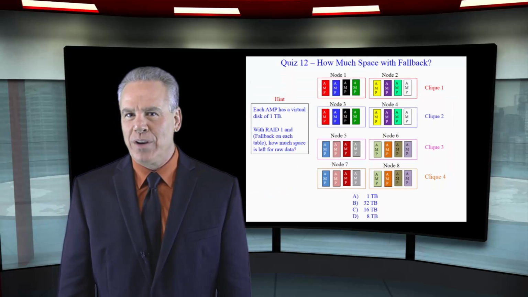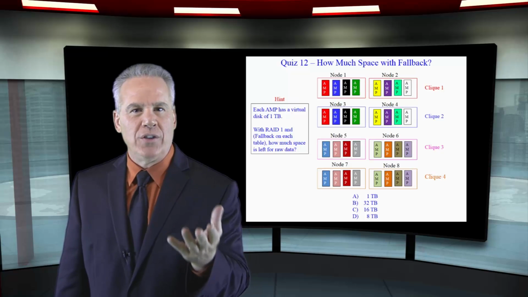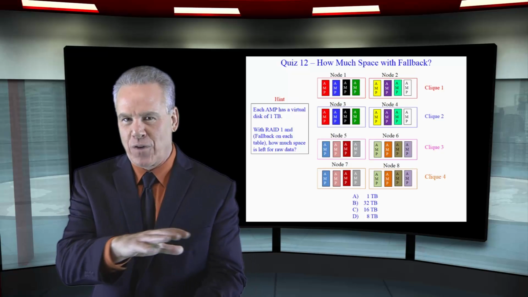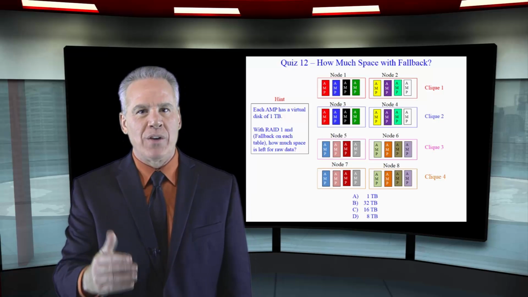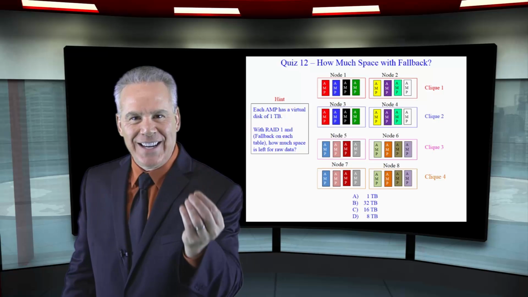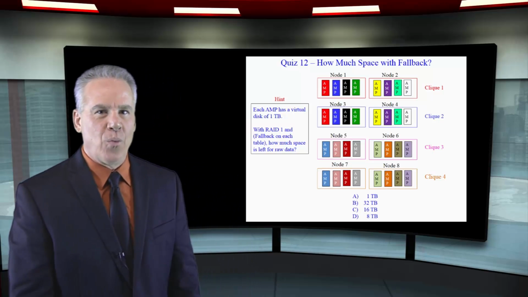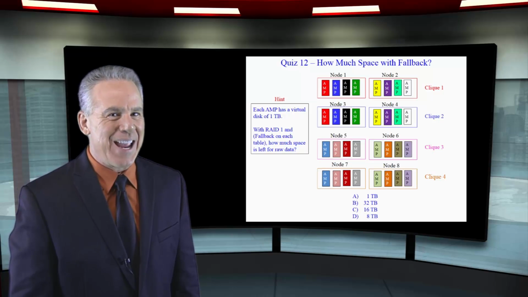Now we take that previous example even further. Sure, we've got 32 amps. Each amp has 1 terabyte of virtual space. Now we put in RAID 1 mirroring. We only have 16 terabytes left for raw data. Now we decide to fallback protect each table.